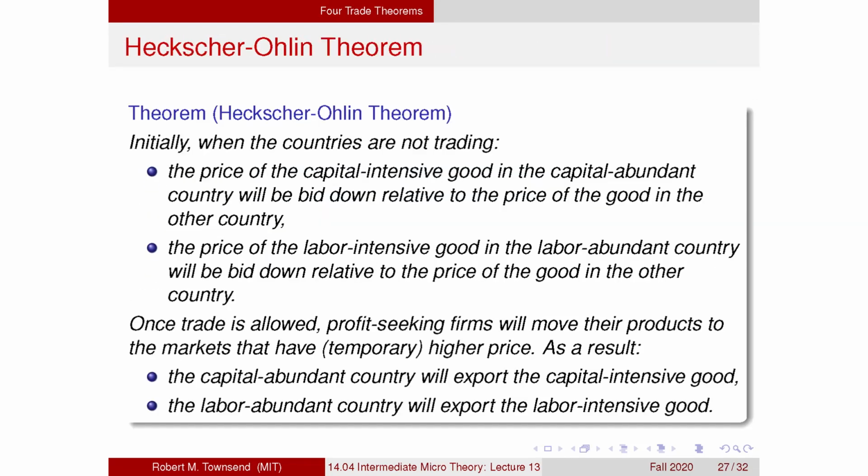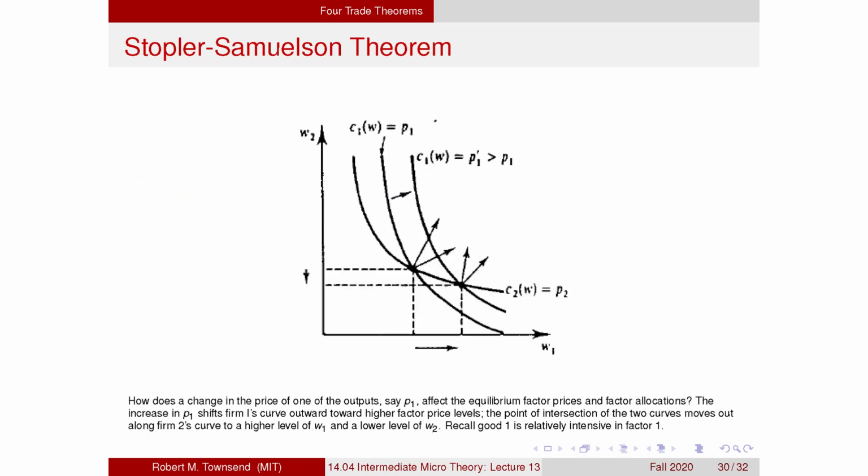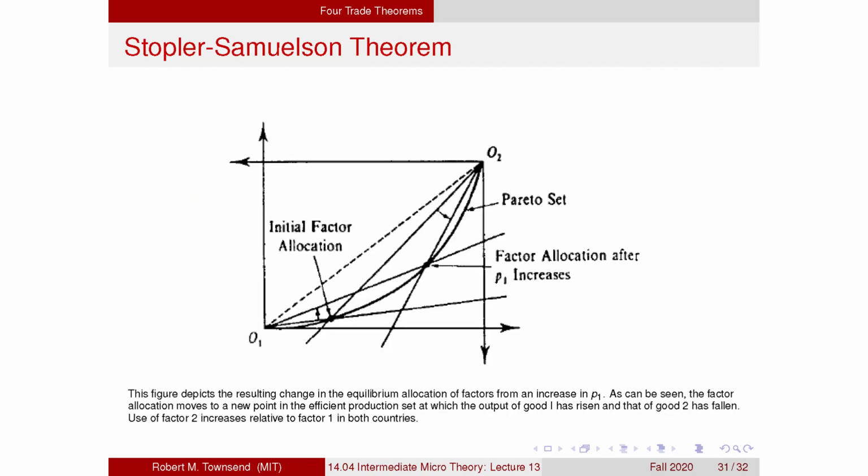We had the Heckscher-Ohlin theorem, which someone mentioned at the beginning of class today, that the returns to factors depend on whether the country is abundant in one factor versus another. And the Stolper-Samuelson theorem, having to do with how factor prices move when we vary the price of outputs.